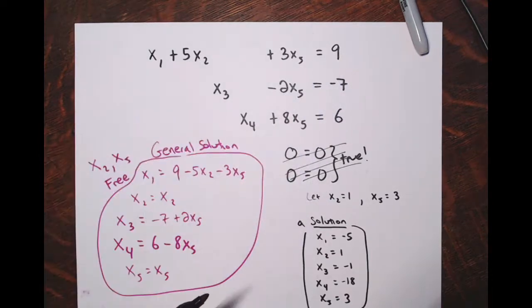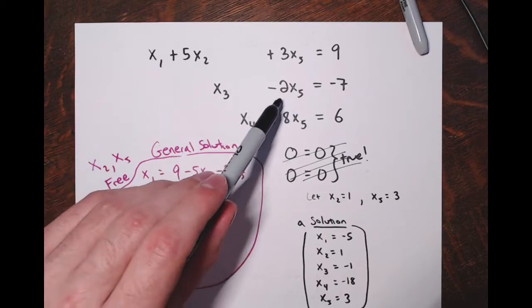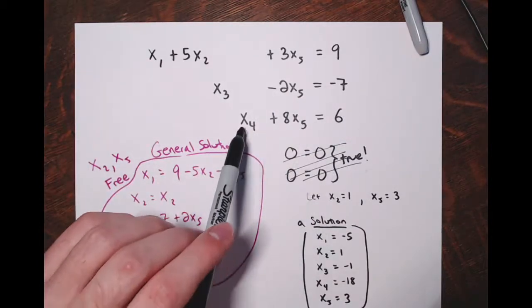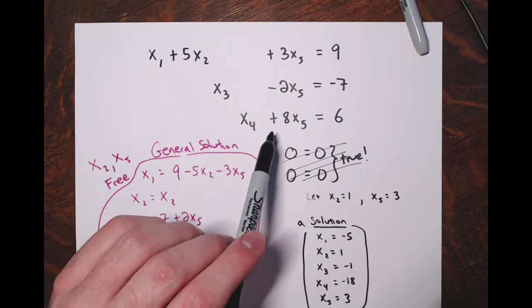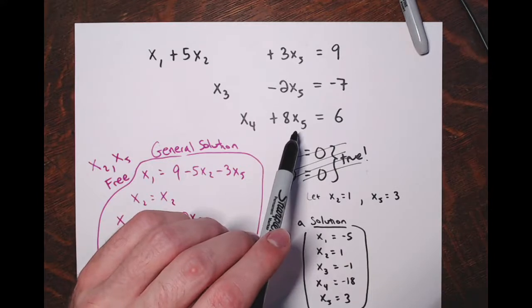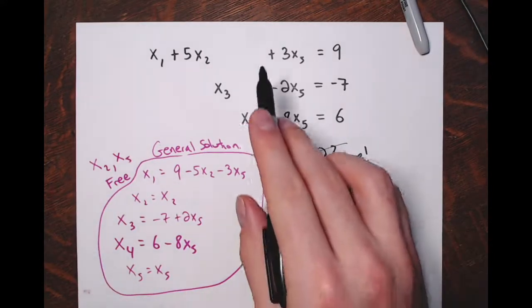That's true. Negative 1, then minus 6 would be negative 7. That's true. Negative 18 plus 24 would be 6. That's true as well. This is a good solution to that system.